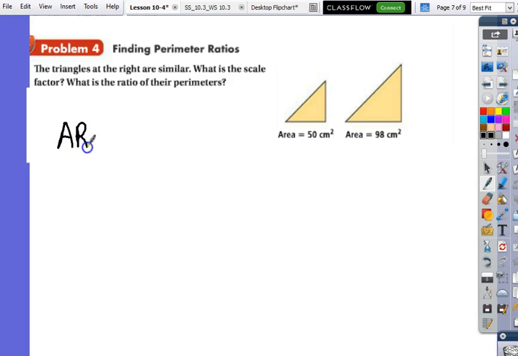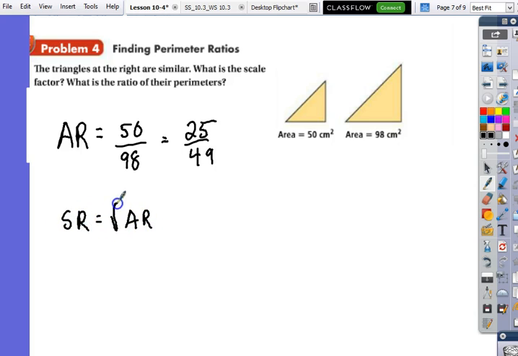Well, if my AR is equal to 50 over 98, which, by the way, would reduce to 25 over 49, then my similarity ratio is just going to equal the area ratio, but I'm going to take the square root of it. That makes sense. If I square this to get that, then I should have to square root this to get that. So in this case, it'll be the square root of 25 over 49.